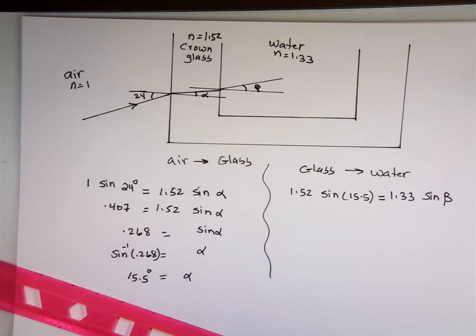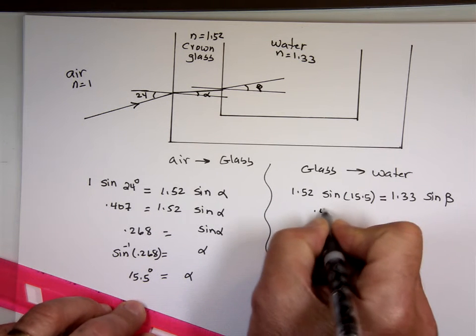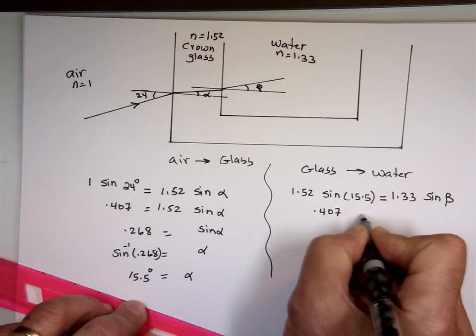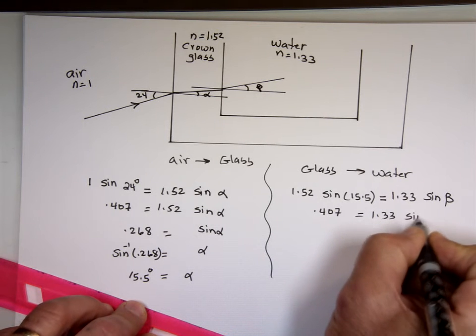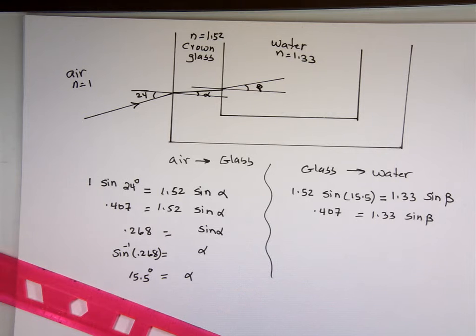Take 1.52 times sine of 15.5, which is 0.407, equals 1.33 sine beta. Divided by 1.33.